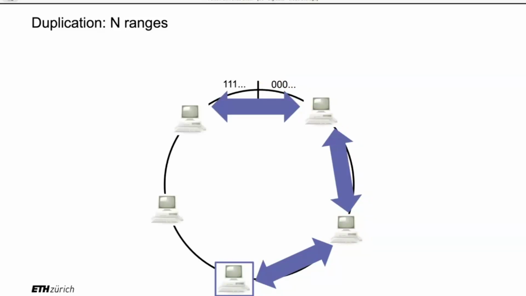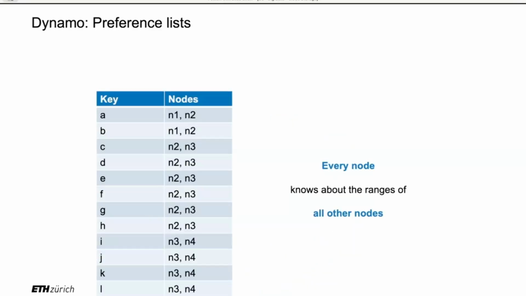Okay, so it can be 2, 3, so that's a parameter, right? Let's call it big N, uppercase N. Now, what we have is something we call preference lists. Every computer knows basically for every key that there is, the nodes that are responsible for it, right?